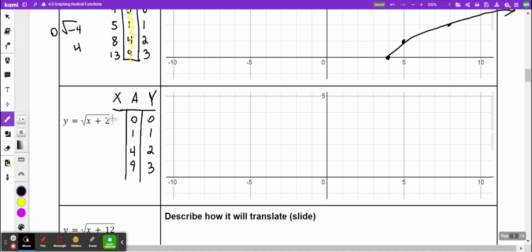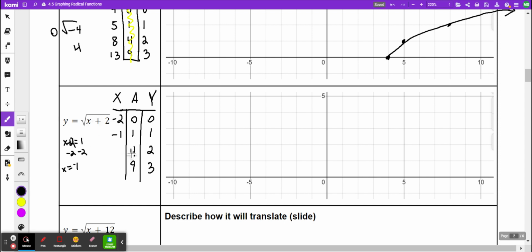So what plus 2 equals 0? It's going to be negative 2. What plus 2 equals 1? I can write this out, x plus 2 equals 1, then subtract and get x equals negative 1, or do it in your head. I want 4.